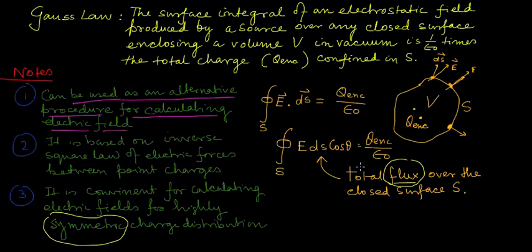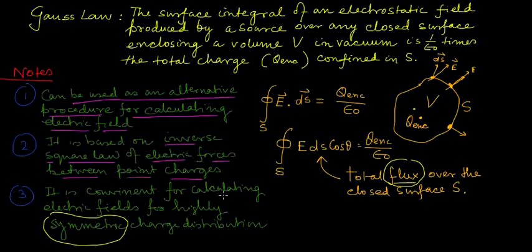So that means, suppose if we have a point charge, Coulomb's law should come from this Gauss law. Also, we said that it is based on the inverse square law of electric forces between 2 point charges.